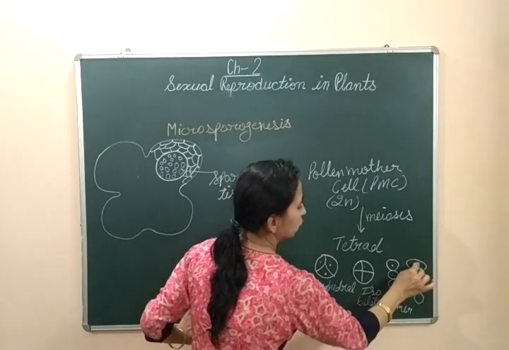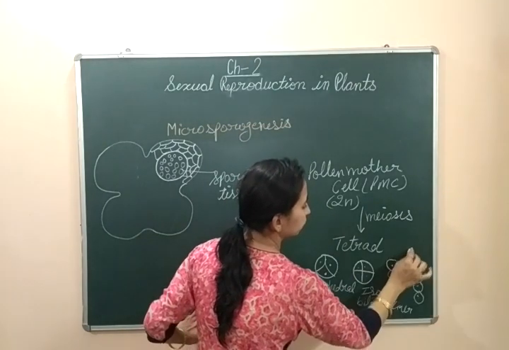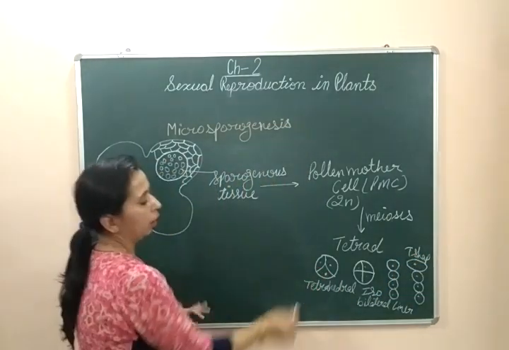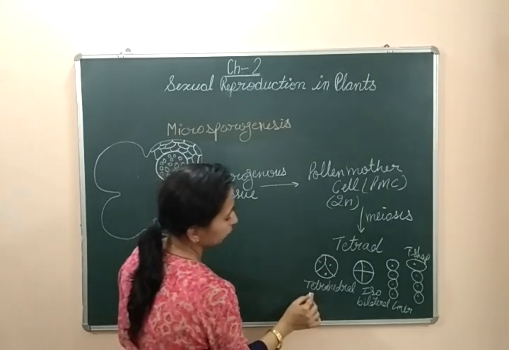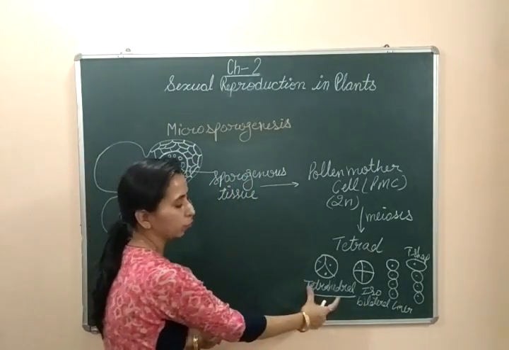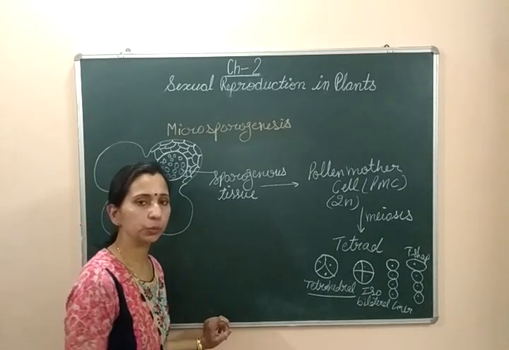Out of these, the tetrahedral tetrad is the most common type, found in angiosperms.